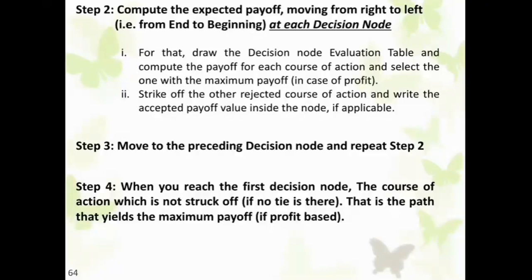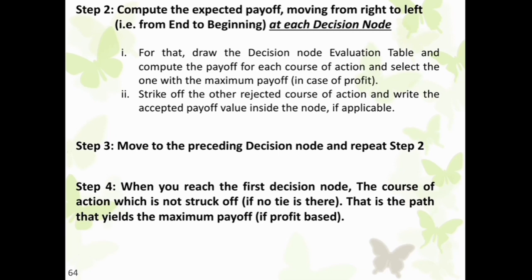Step 2 is computing the expected payoff, moving from the end towards the beginning at each decision node. This is very important. We need to consider only the decision nodes, because that is the fork or the joint where we are going to take a decision that will affect the succeeding activities. So we are computing the expected payoff only at each decision node.